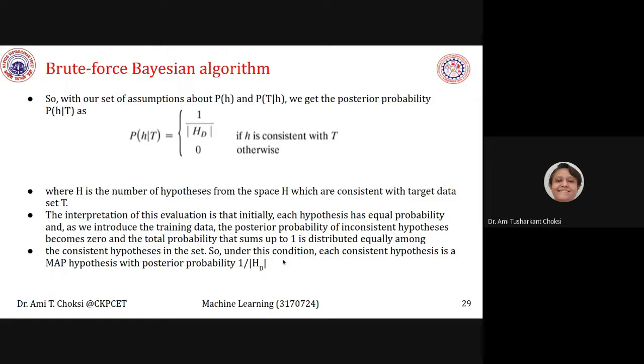So under this condition, each consistent hypothesis is a MAP hypothesis with posterior probability of 1 upon |HD|.